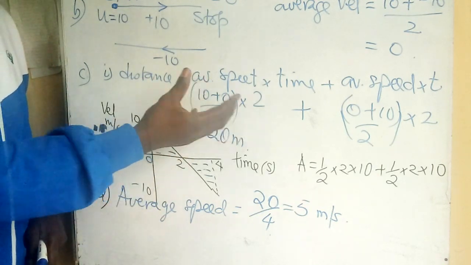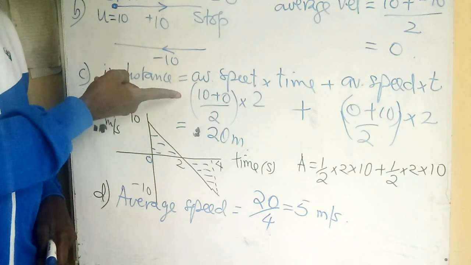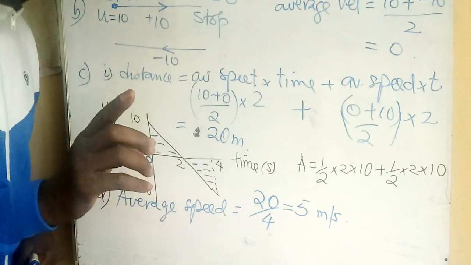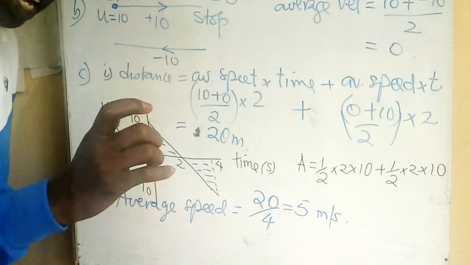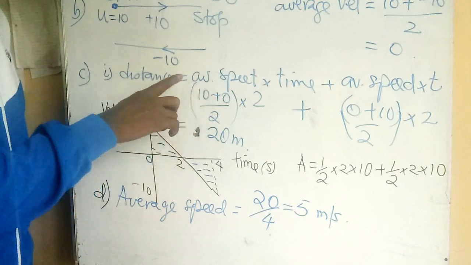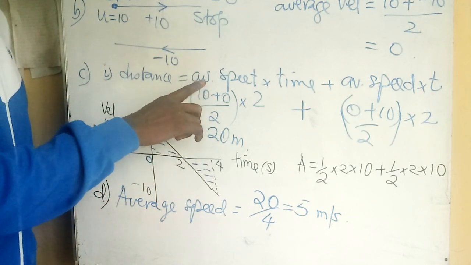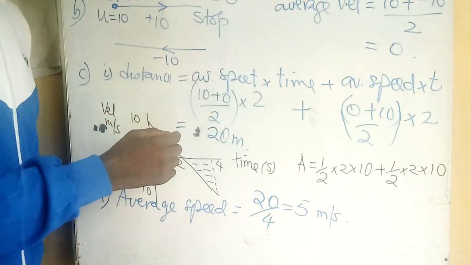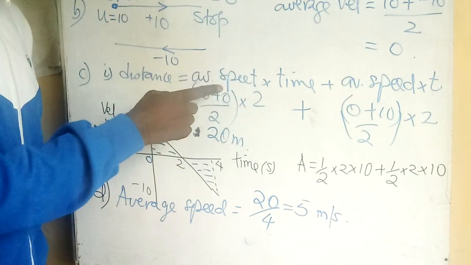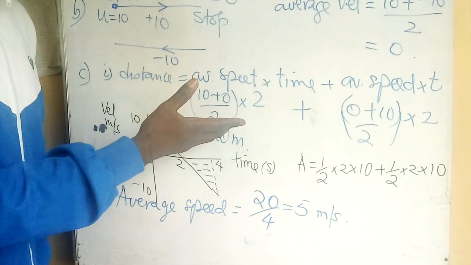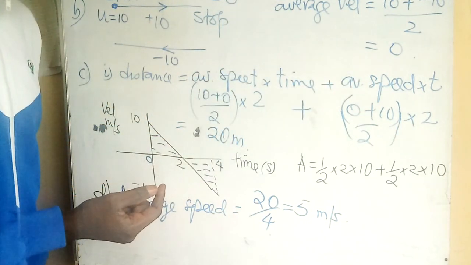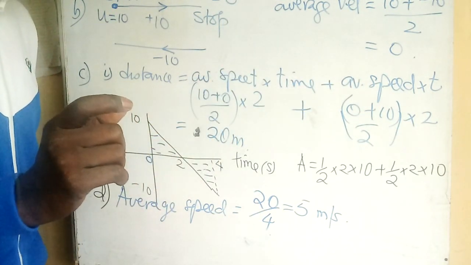Understand each concept, especially here, because the simple mistake you can make is using distance is speed times time, and then you say the speed was 10 times time 2 is 20, and you also get 20 there. It cannot work that way.